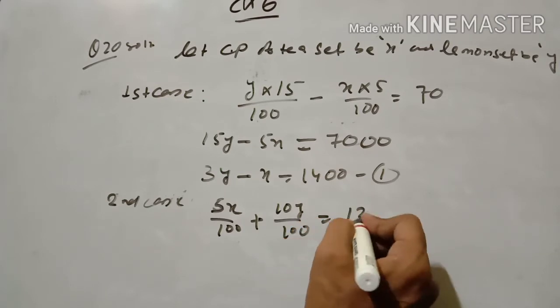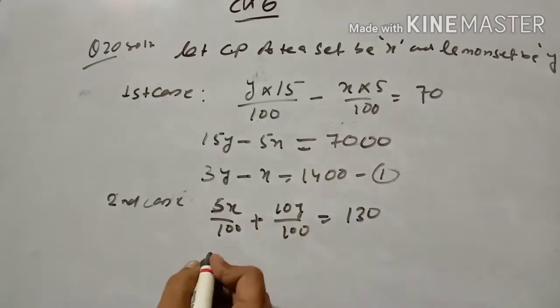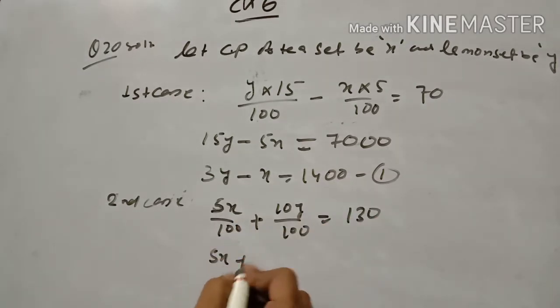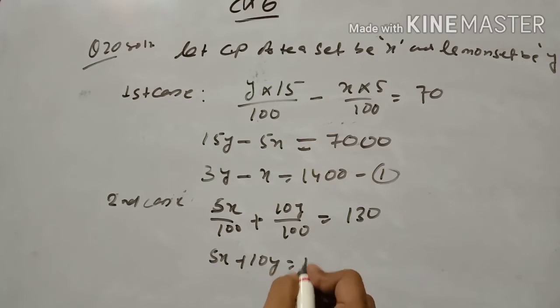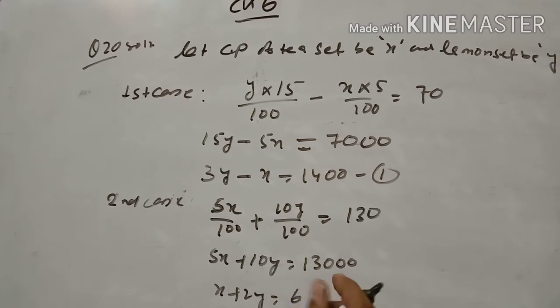That time gain is 130. Once again take the LCM, do cross multiplication, so 5x plus 10y equal to 13,000. Now dividing by 5, x plus 2y equal to 2600. So this is equation number 2.